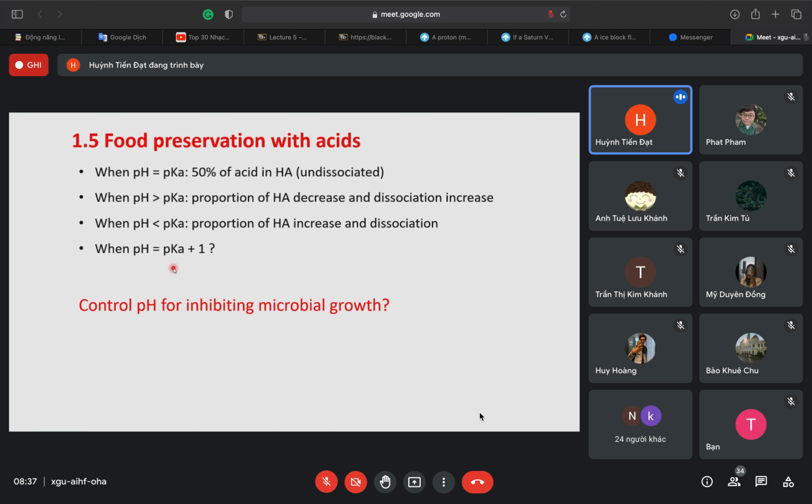Thinking here. Okay, pH equal to pKa plus 1 means that the pH is over the pKa. Over, and do they keep more in acid or more in ions?